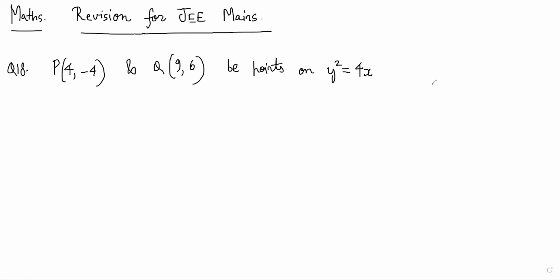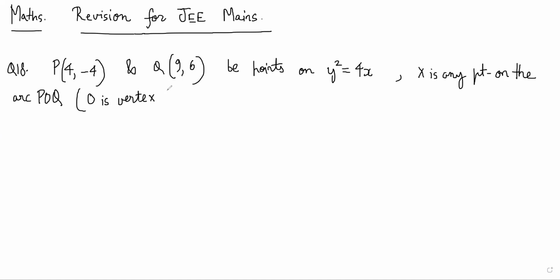Let X be any point on the arc POQ of this parabola, where O is the vertex. The vertex of this parabola is (0, 0), so O is (0, 0).